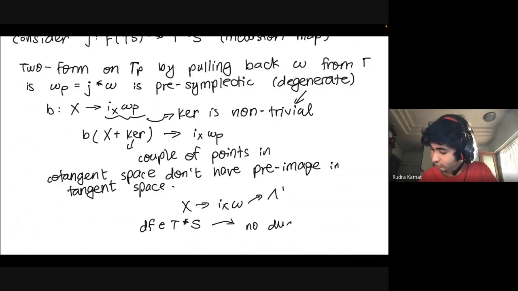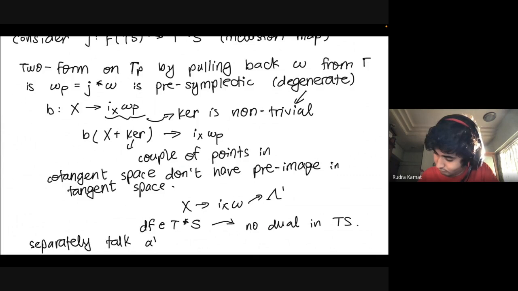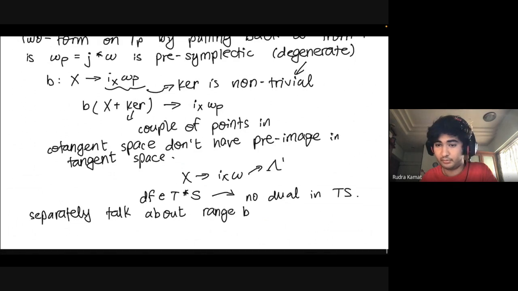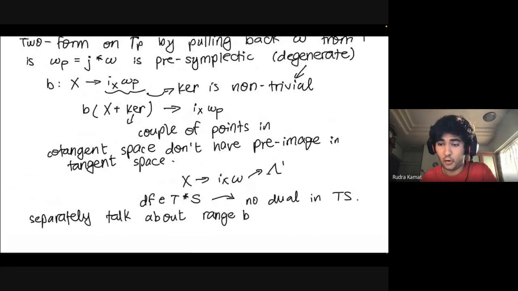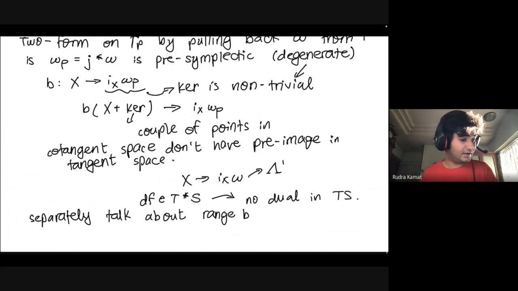So we really need to separately talk about the range of B, because the range of B determines what one forms actually have corresponding vector elements. That's the entire idea that I'm going to build upon in this geometric perspective.